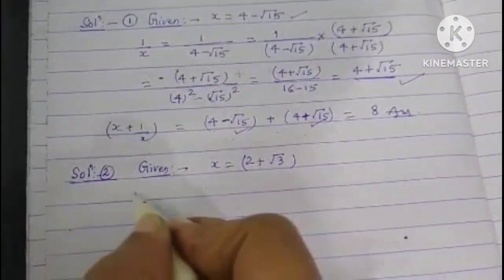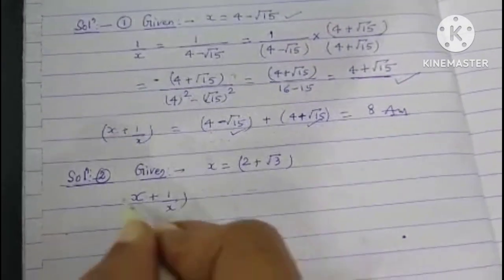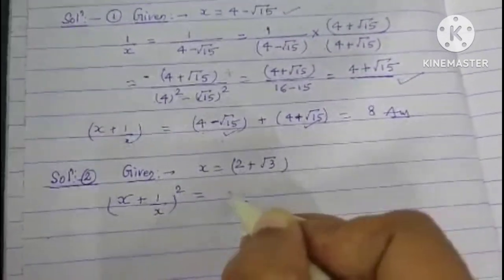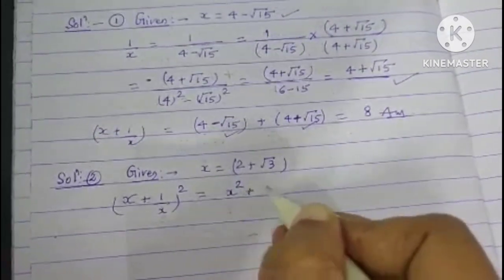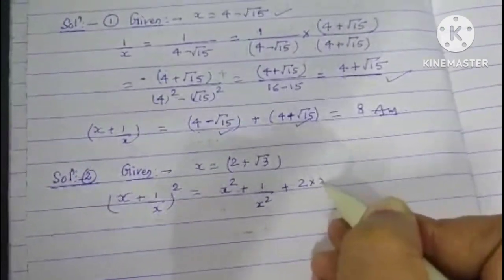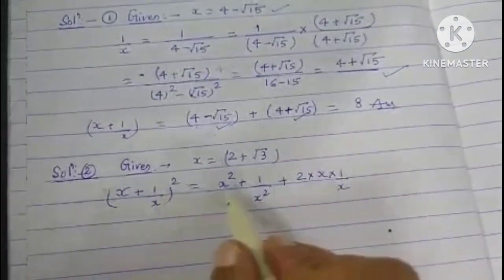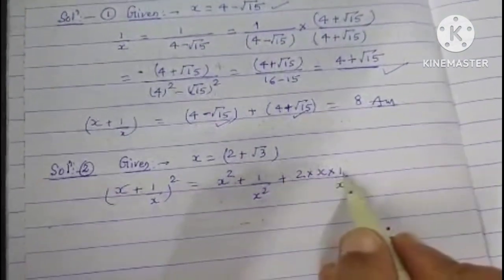So our approach should be like this. When we do this one, (x plus 1 by x) whole square, what do we get? x square plus 1 by x square plus 2 multiplied by x multiplied by 1 by x. (a plus b) whole square is a square plus b square plus 2ab.